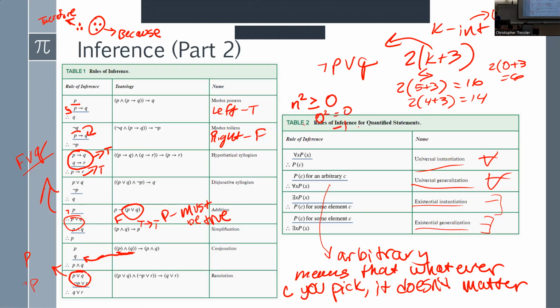Even if we put in a negative number like -1, we still get 1, which is greater than or equal to 0. Checks out. Notice that when we're doing these generalizations, we're not actually putting in specific numbers. We're just saying that no matter what we put in, it's going to be true.